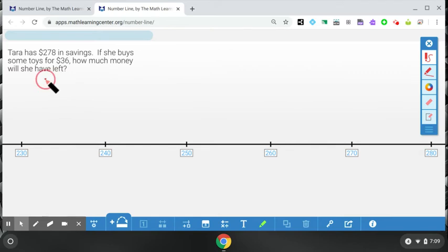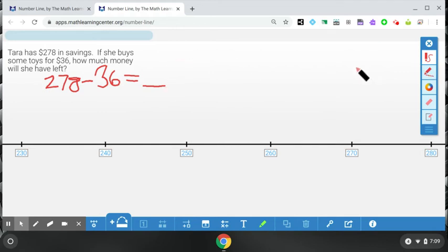So that tells me that that's the total that she has in savings. And I know that she's going to buy some toys, so she's going to take away part of that total, and she's going to buy those toys for $36. And we need to find out how much money will she have left, and that's that other part.